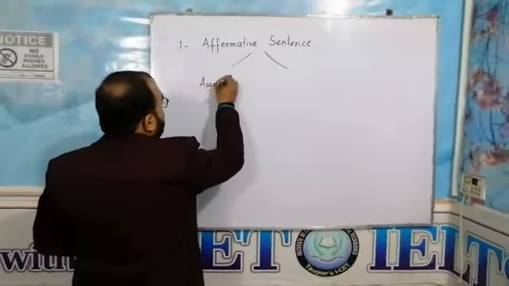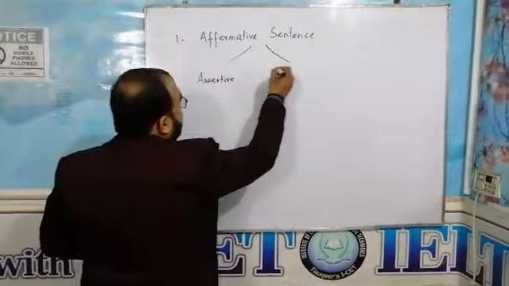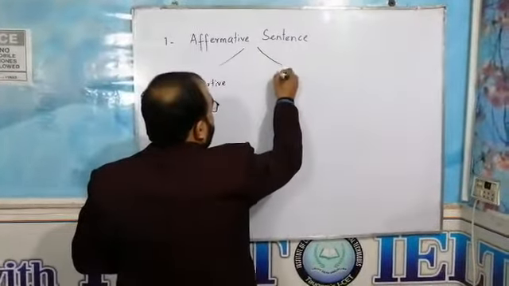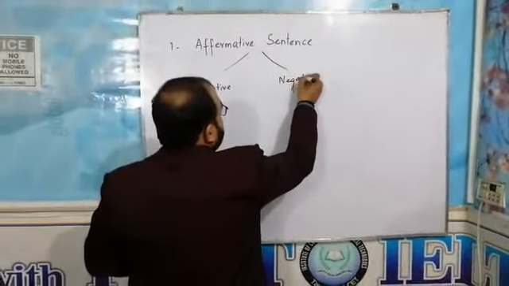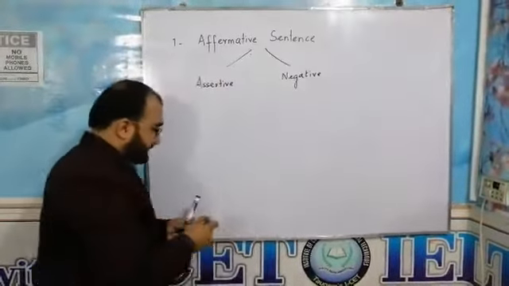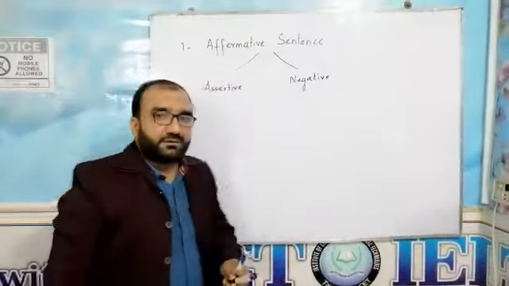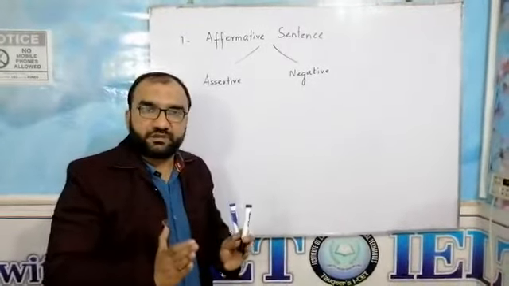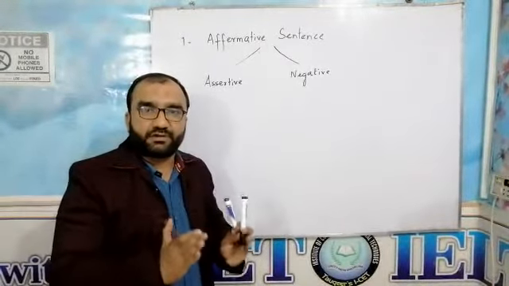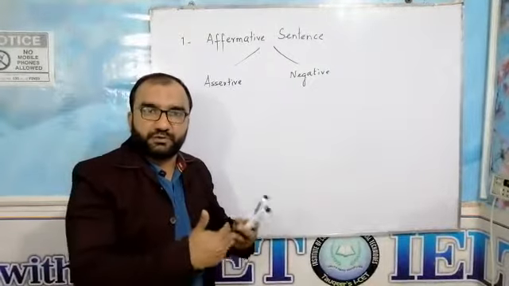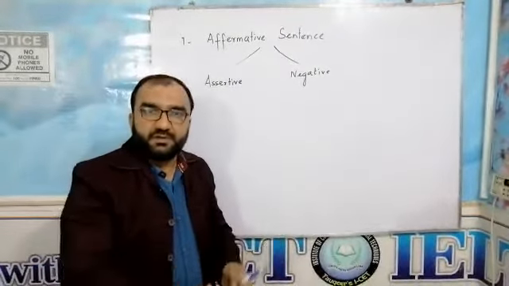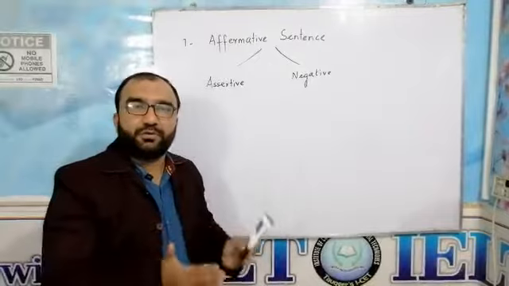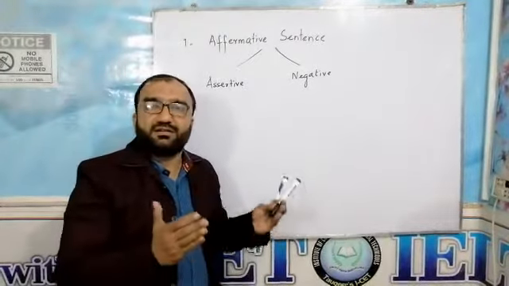The first is assertive sentences and the second is negative sentences. Assertive sentences mean that we are talking about the positive. We are talking about some very important sentences related to normal use in the positive sense, while negative is one in which we use no, not, na, etc.